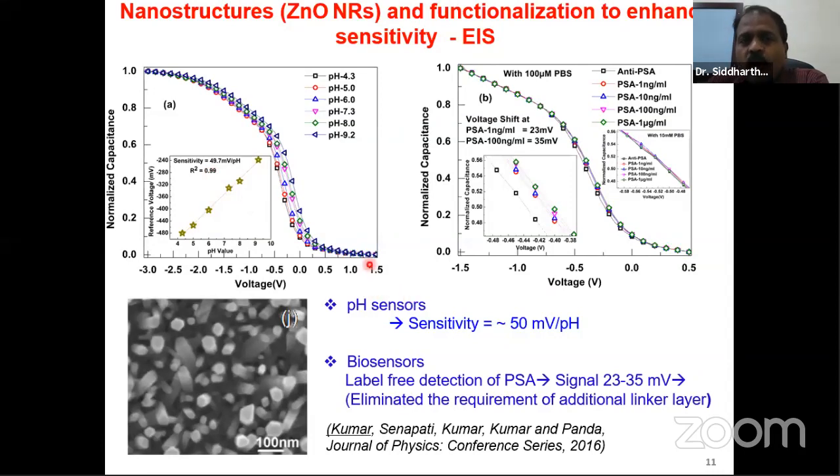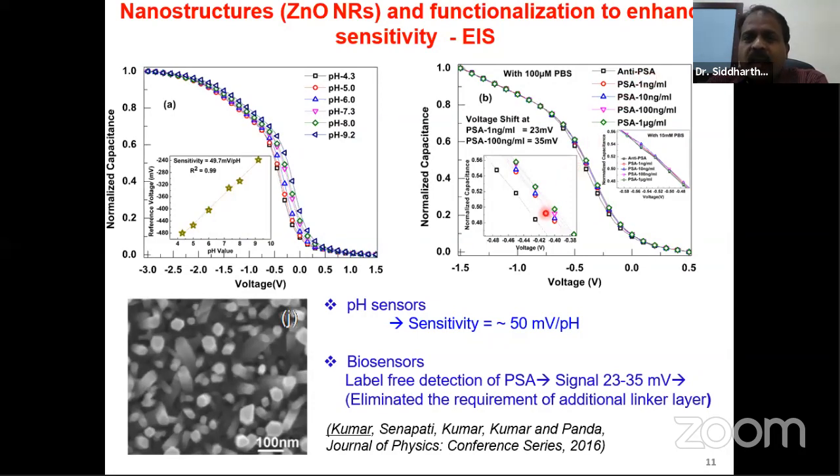Along with studying the detection of a very simple ion, the hydrogen ion, we also looked at complex charged molecules. In this particular case, we used the system to look at an antigen, anti-PSA. PSA stands for prostate-specific antigen.